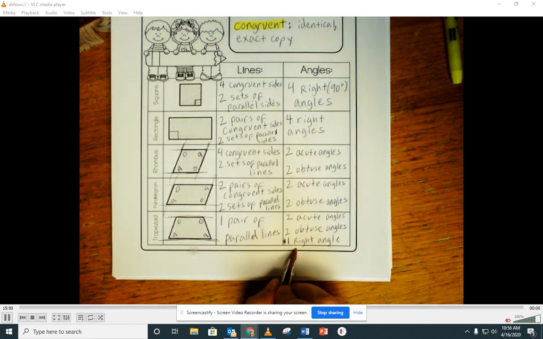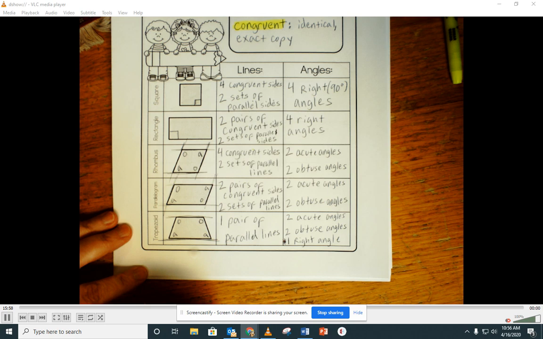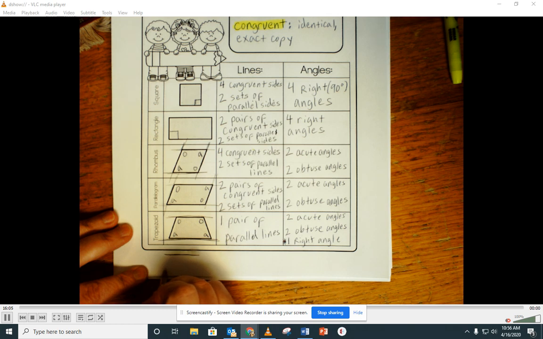Okay, now my notes say that it is possible to have a trapezoid with a right angle. So let me see if I can draw that. Okay, we still have to have a pair of parallel sides, parallel lines. So the top and the bottom are parallel.